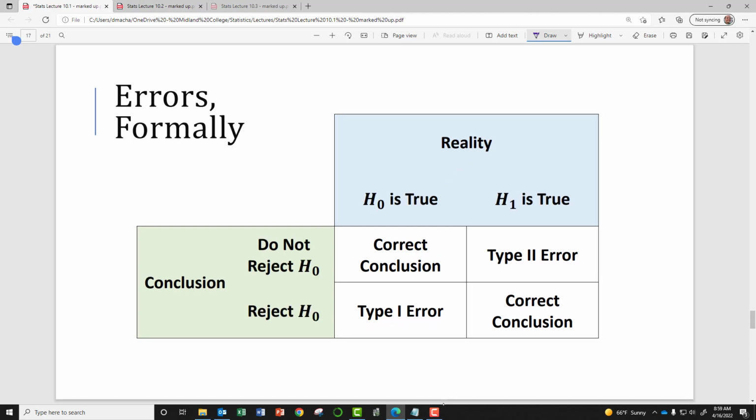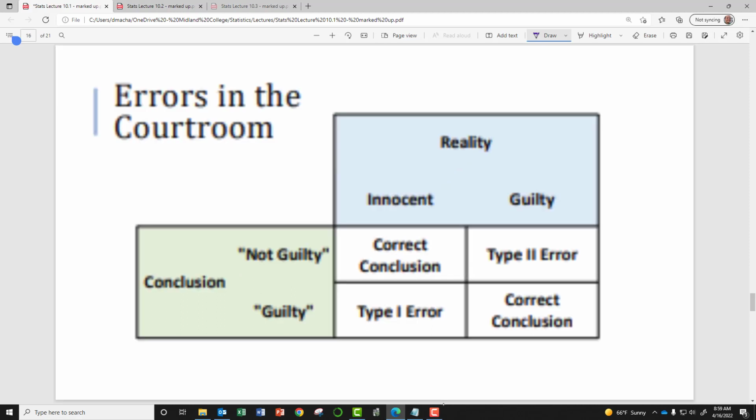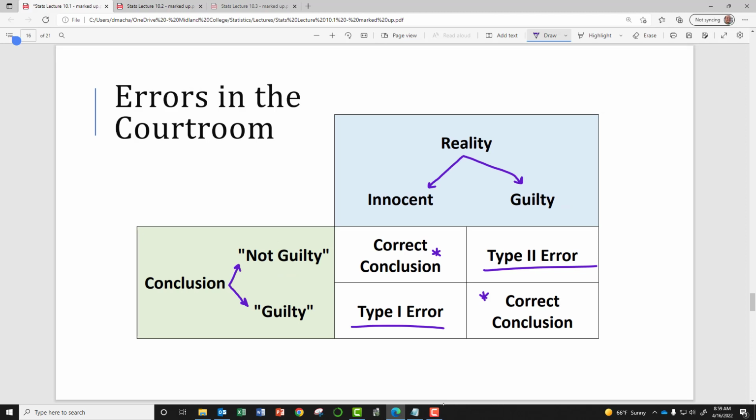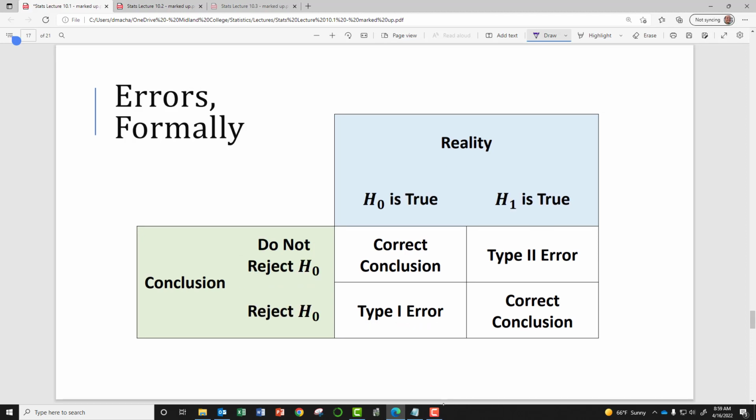And so, I sort of said this out loud a second ago on the previous slide, but there's a nice analogy between the courtroom and how we formally talk about errors in statistics. If your null hypothesis is true and you choose to not reject the null hypothesis, then this would be the correct conclusion.